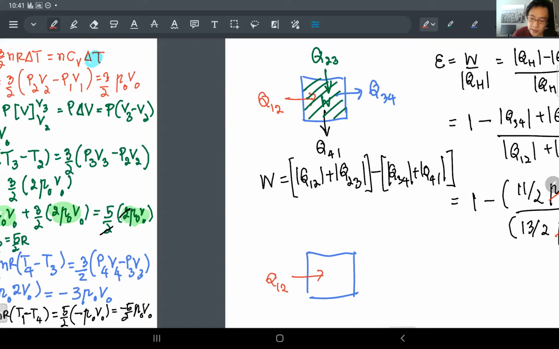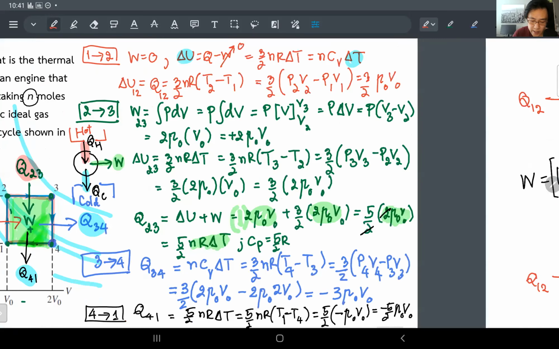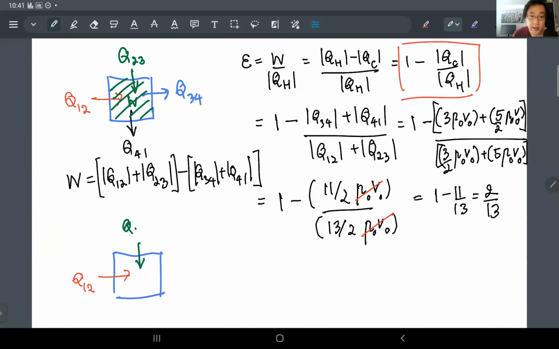Now you move on to the second segment. You say, okay, I'm going to get Q23, right? And actually, I can stop right here. The reason I can stop here is that I know in my head I can double-check my work by going through the 3-4 and 4-1 segments. But it's probably better for me to just calculate the area inside, because it's simply a rectangular area.